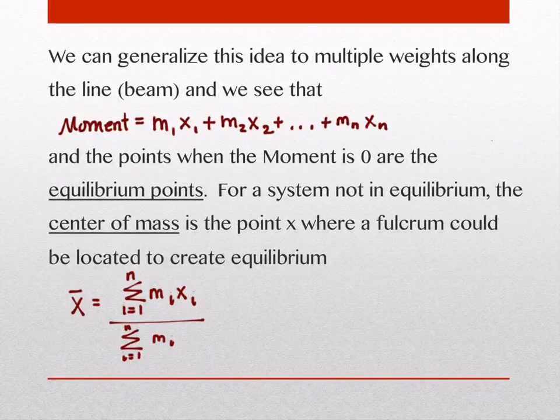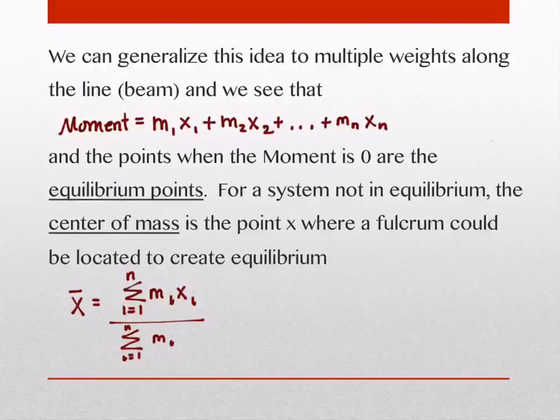Sorry, my letters are so small, but the letters underneath the funny kind of E shape, it's actually a sigma. It says i equals 1 to n. This one also says i equal 1 to n. This is m sub i, x sub i, and this one just says m sub i.